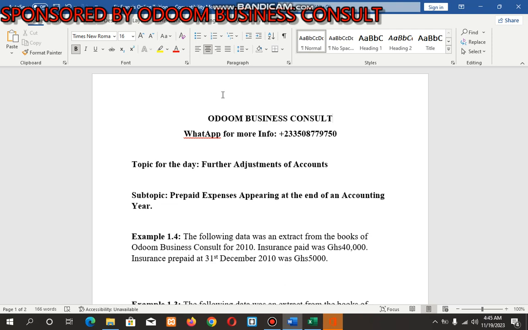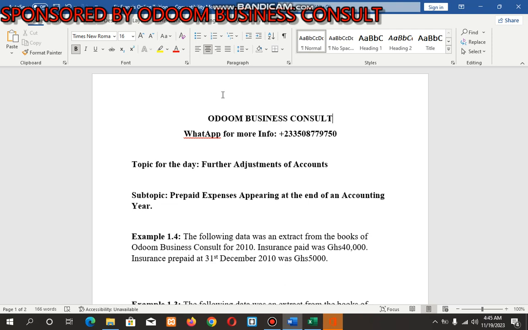So we are in 2010, but the payment was made on 31st December 2010. The year has ended and the payment was made. The payment has been made, but the benefit will be consumed in the coming year, which is 2011.